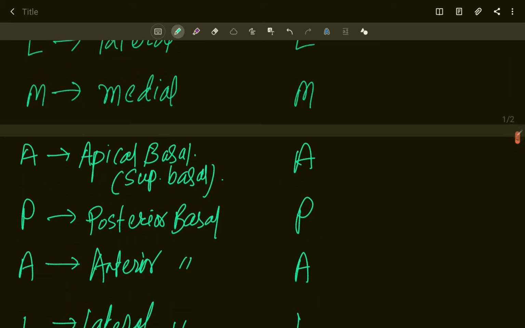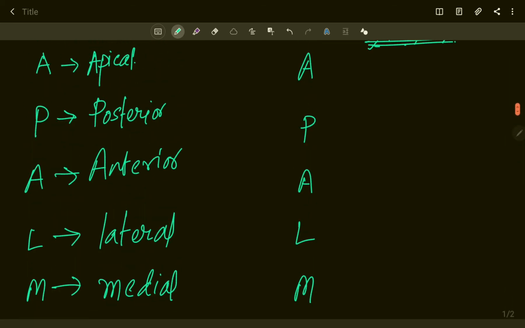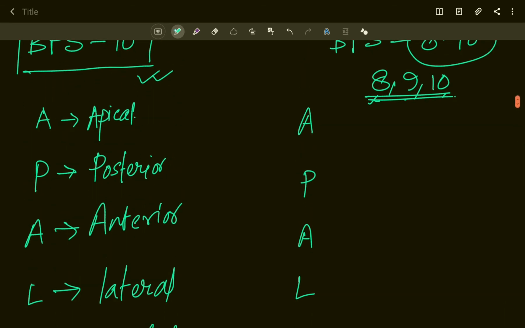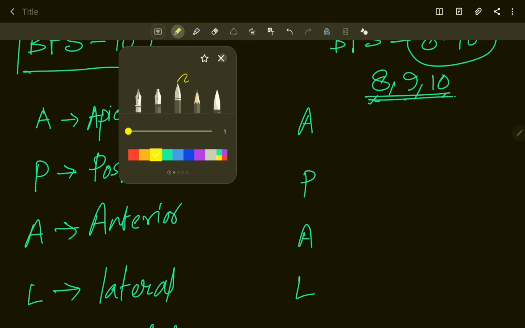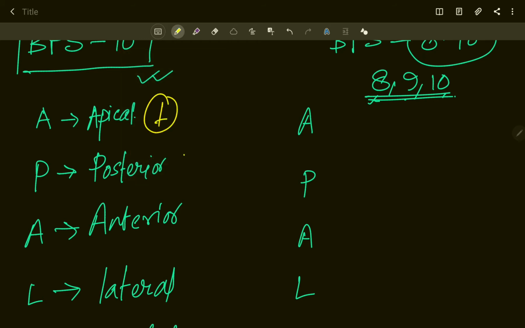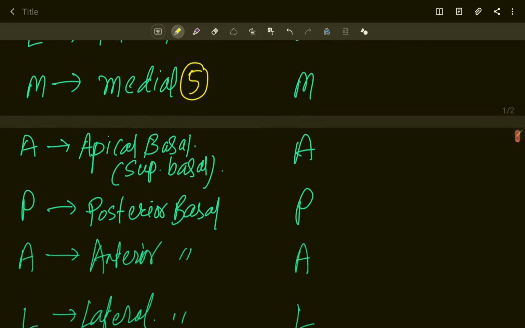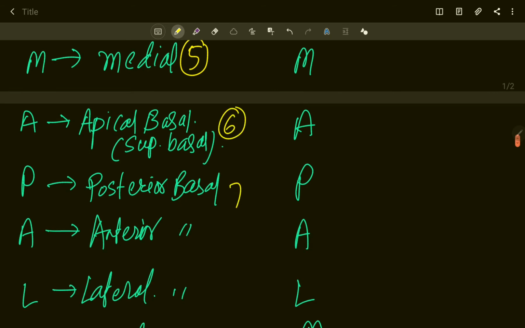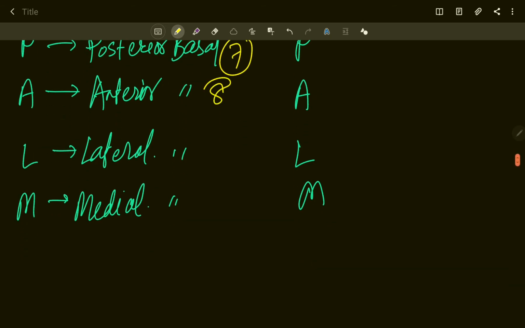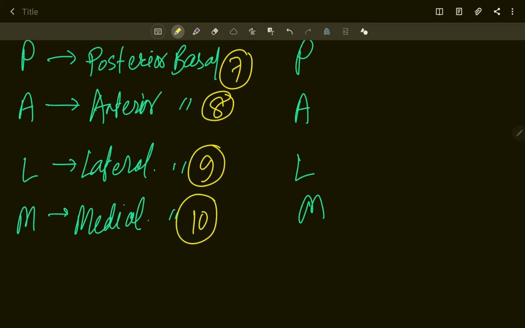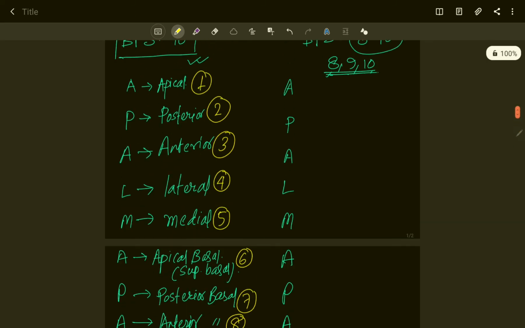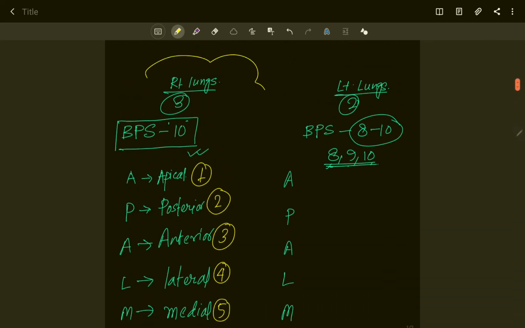Okay, so you can see I am numbering this also. 1, 2, 3, 4, 5, 6, 7, 8, 9, 10. I already told you that in case of our right lungs there are 10 bronchopulmonary segments.